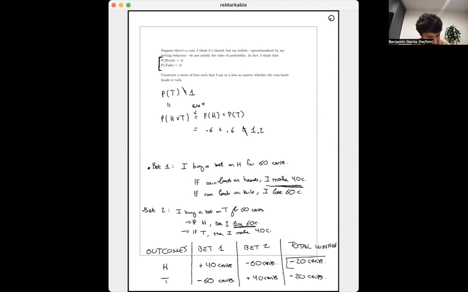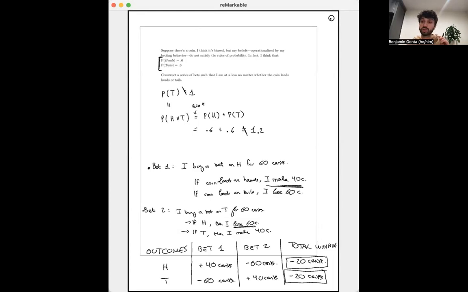And so no matter what happens, I'm losing money. And this is the senseless behavior that we're talking about. It's senseless to accept bets thinking that I could win money, but whatever happens, I will lose money.